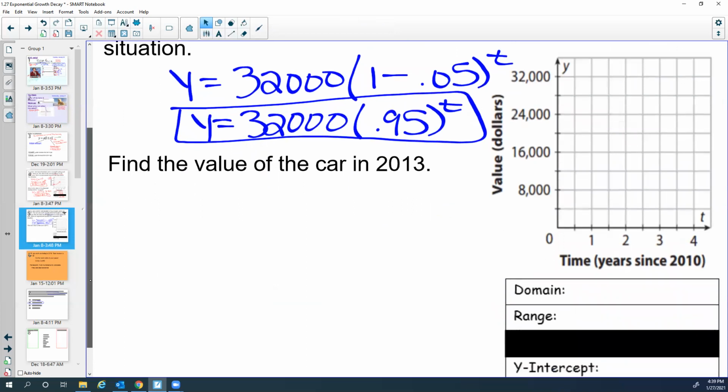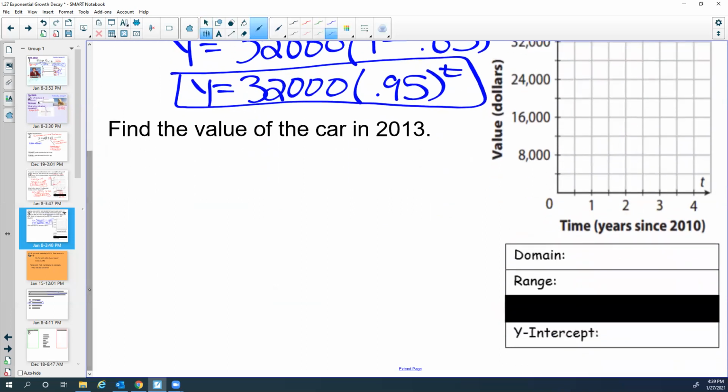Again, let's go ahead and graph this and then come up with our attributes. Plot my point at 32,000. It is depreciating, so that means it's going down. It's a decay.